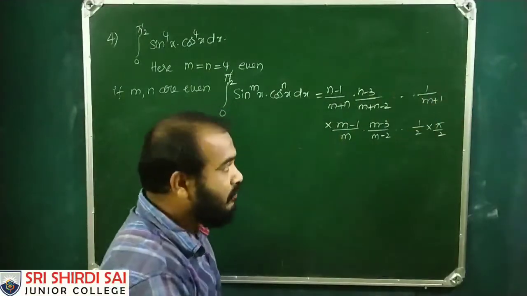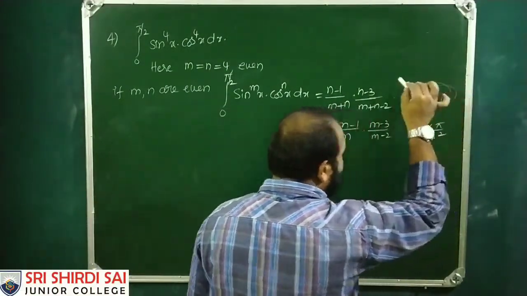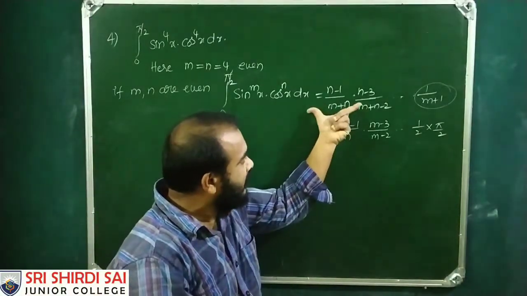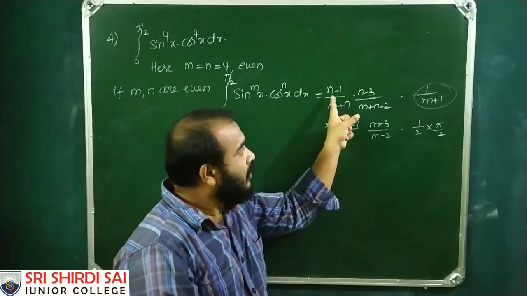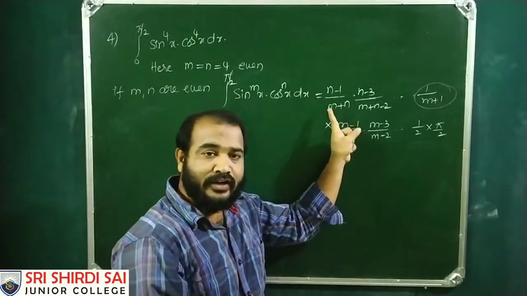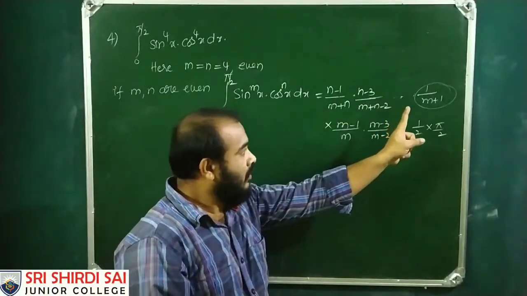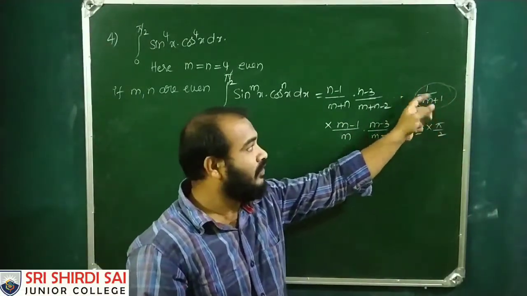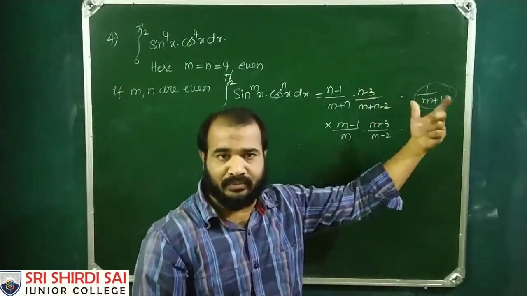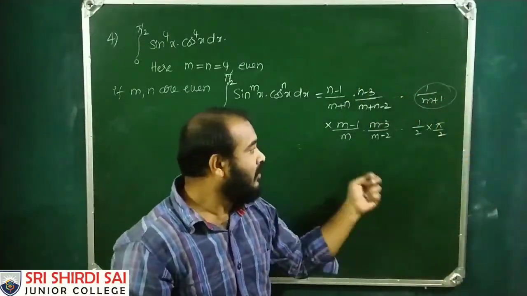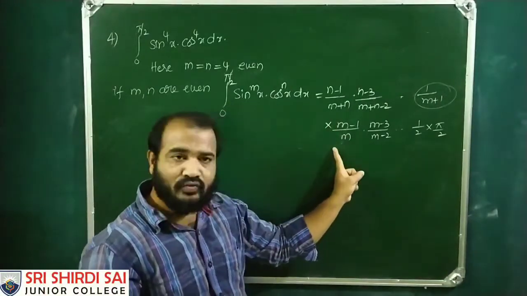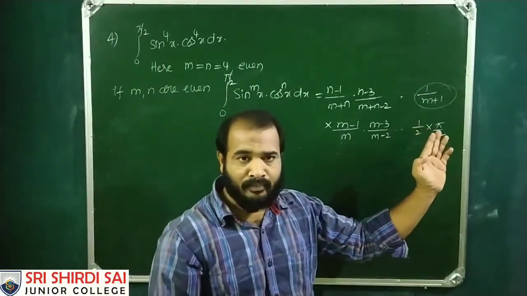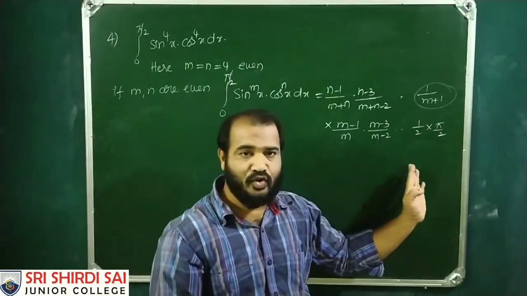I told you many times that actually this term we need not remember. The only thing we need to remember is n minus 1 by m plus n, where both numerator and denominator are reduced by 2 until further successive reduction by 2 is not possible. Then the second part, m minus 1 by m, is what we need to begin with, and then we reduce by 2 both on numerator as well as denominator.